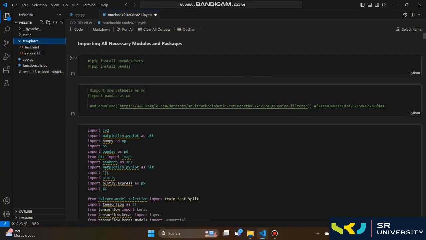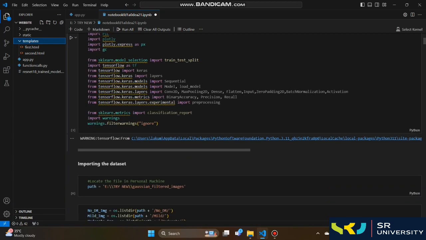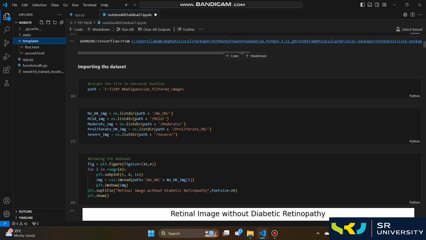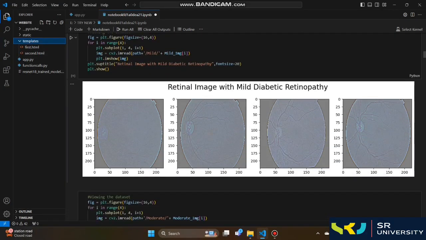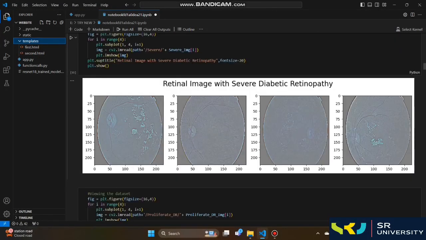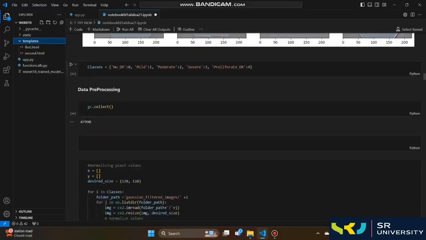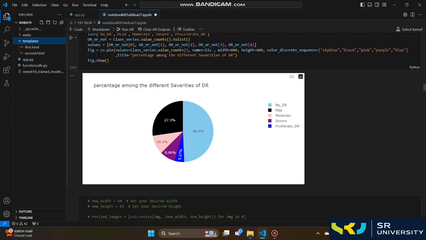This is the code we have implemented for our project. Eye chart representation.